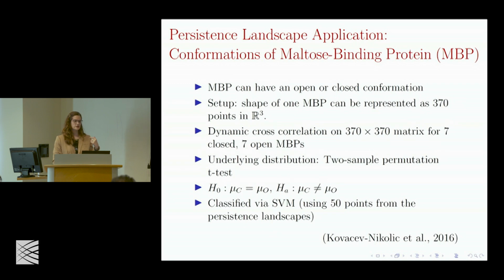And finally, they also classified using support vector machines. So again, back to that statistical use that we have. They used 50 points from the persistence landscape. Along that parameter axis, they chose 50 different points, and then those coordinates formed the vector where they trained their algorithm.